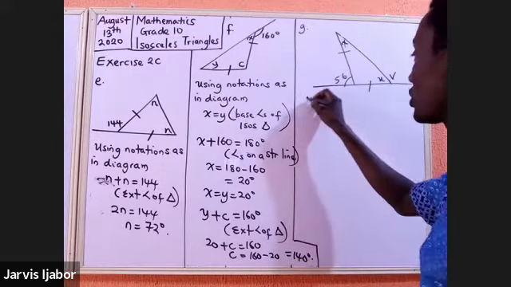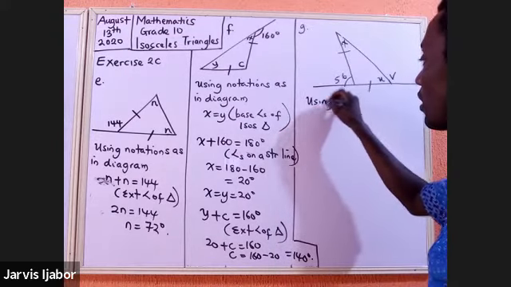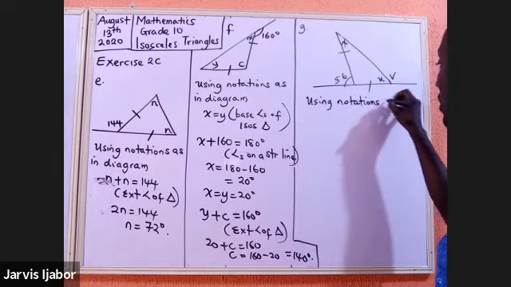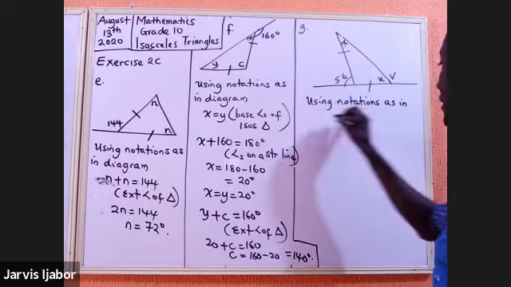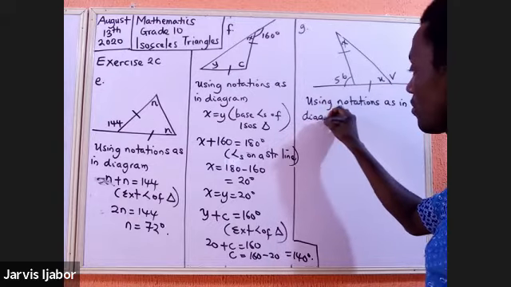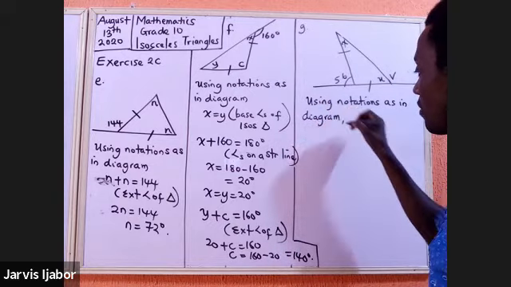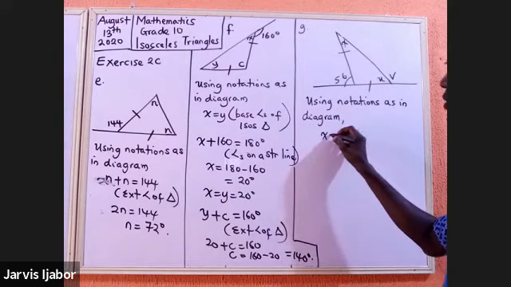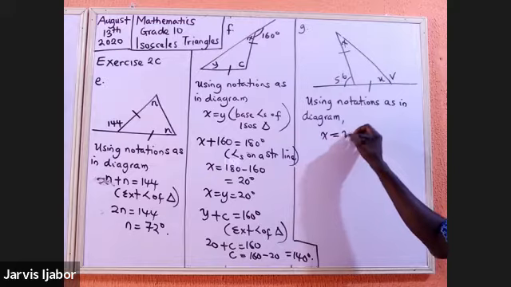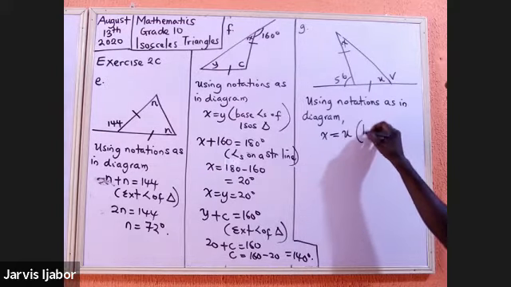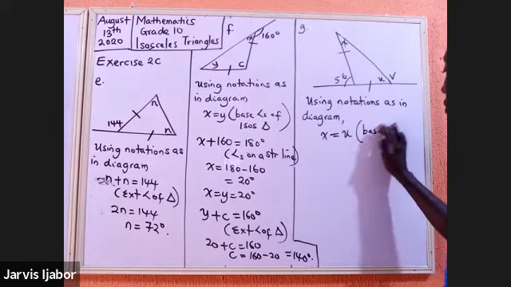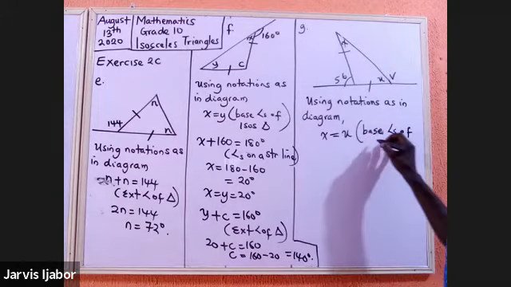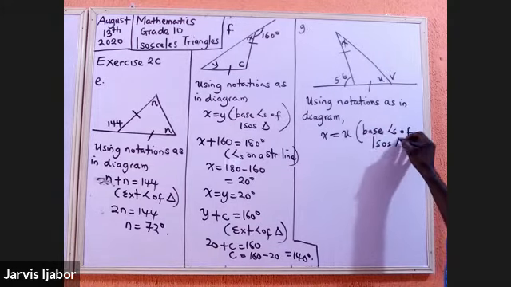So using notation as in diagram, X will be equal to U, because they are base angles of isosceles triangle.